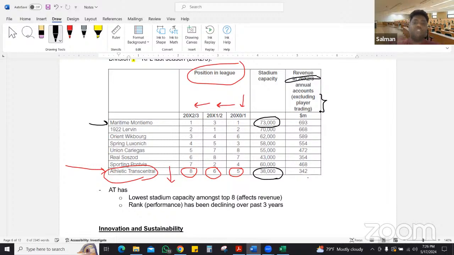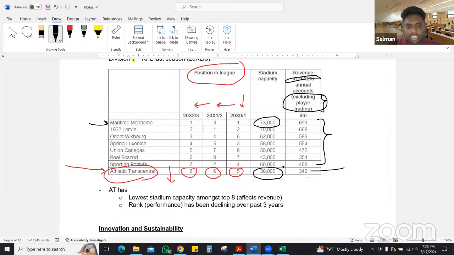We discussed many sources of revenue: competition income, TV channels, selling players, renting out stadiums, sponsors. Revenue excluding selling players, ours is 342, and the previous 7 clubs have a revenue better than us.